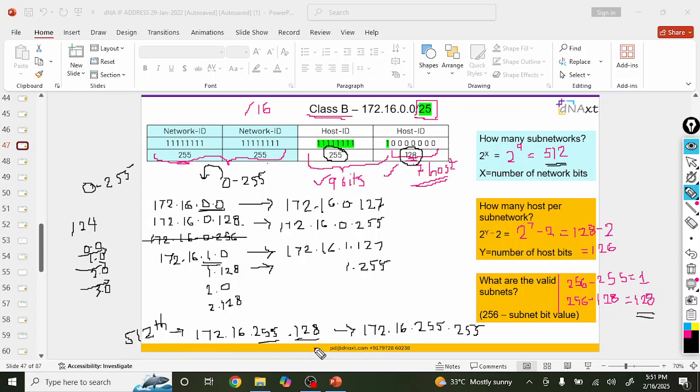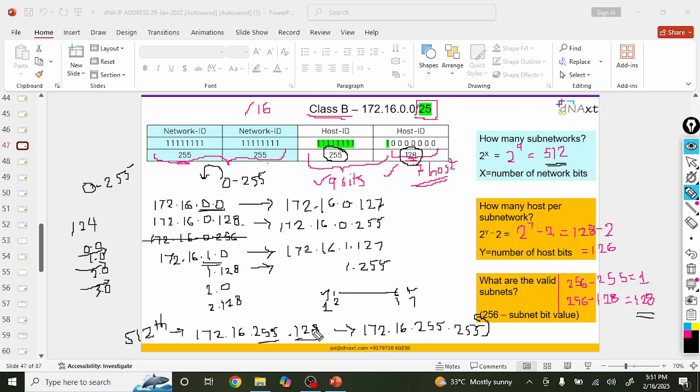What will be the first valid host over here? This is the network ID. The first valid host will be 172.16.255.129. What will be the last valid host? 172.16.255.254. Its previous and its next, because this is the range 1 to 7. This is your range. So the network ID you cannot use, the broadcast ID you cannot use. So you have to actually use from 2 to 6.